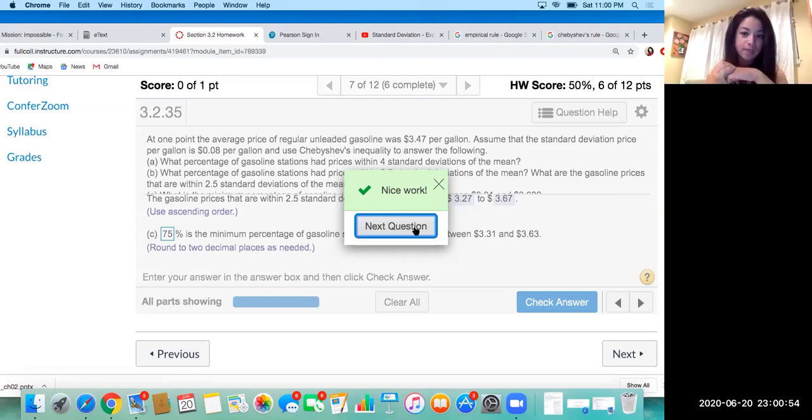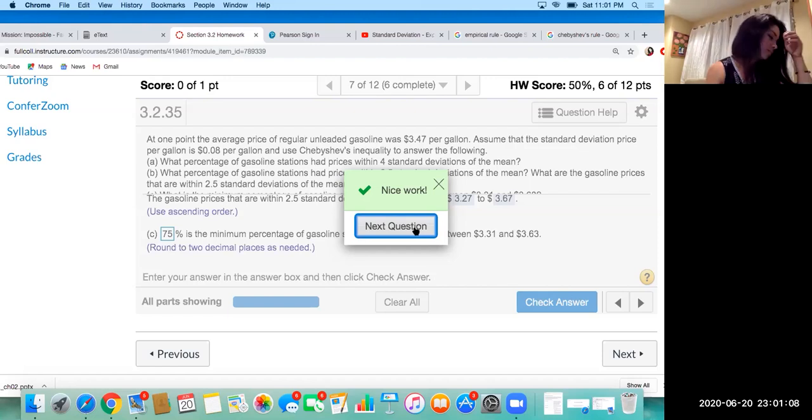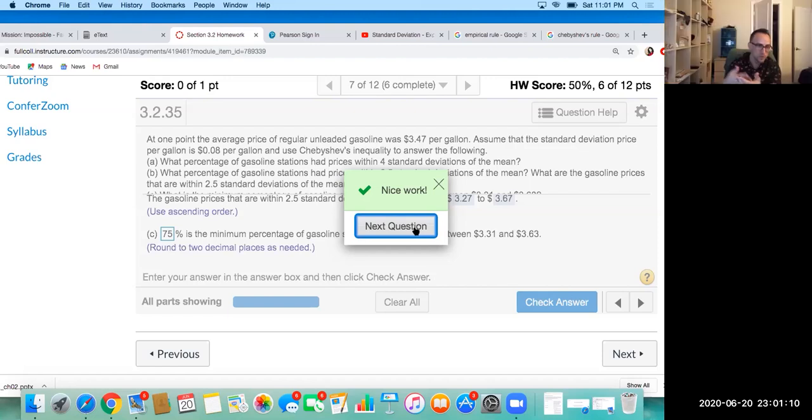Then I was like, wait a second, 8 cents is the standard deviation, so 16 cents is 8 cents times 2. So K is 2. Oh, and that's where you replace the K. Yeah, because 2 squared is 4, 1 over 4. So 1 minus 1/4 is 3/4, which is 75%.